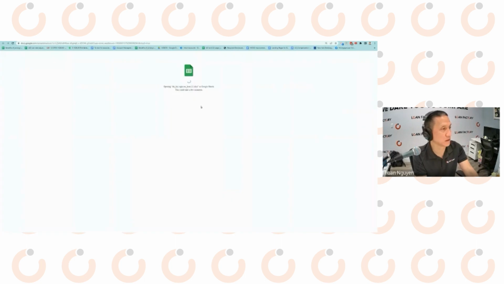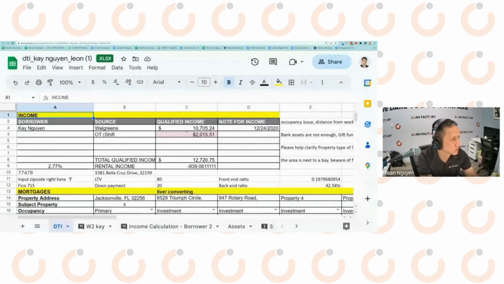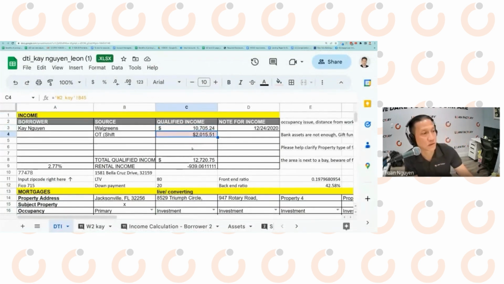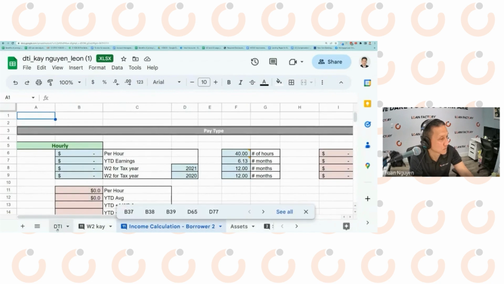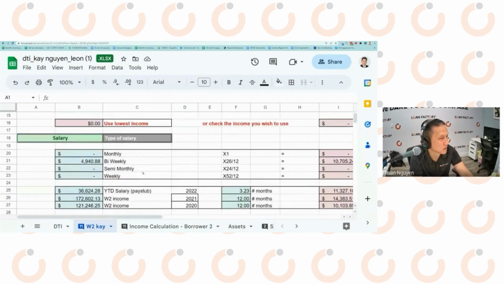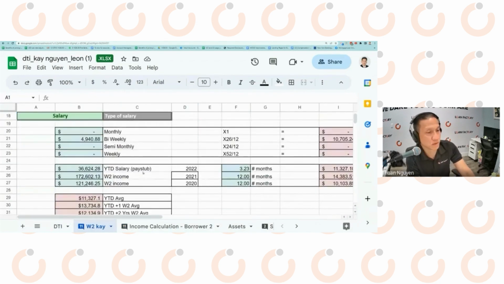Here, I think our underwriter calculated the income for us. So it's about 10,000 a month, and the shift difference is about 2,000. So we have 12,000 income. I don't want to dig deep into this because I want to show you this is exactly what I said earlier.